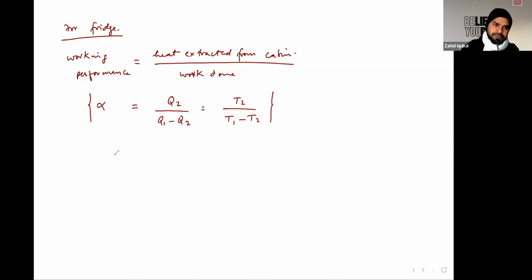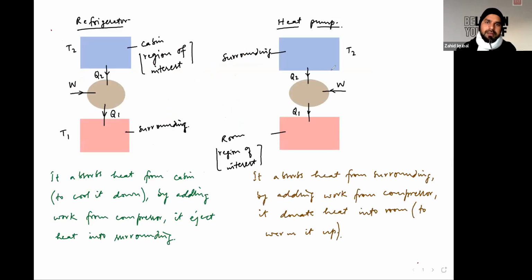In case of heat pump, working performance or its efficiency is how much this particular heat pump has donated heat into this particular room to warm it to the total amount of energy given to it in the form of electricity as work done by compressor.